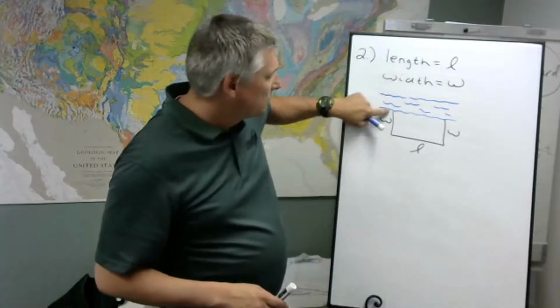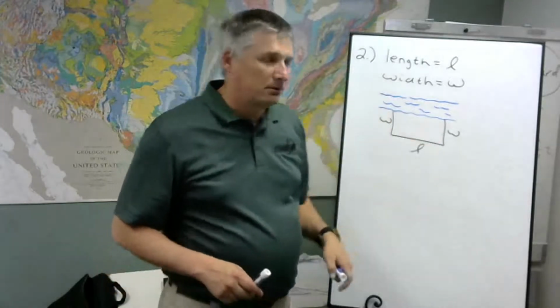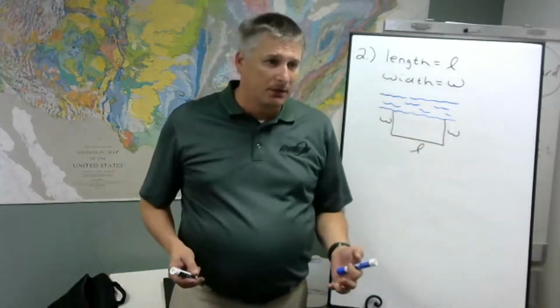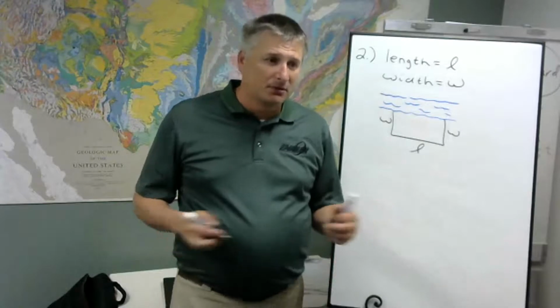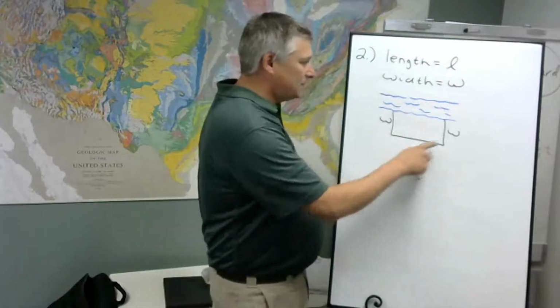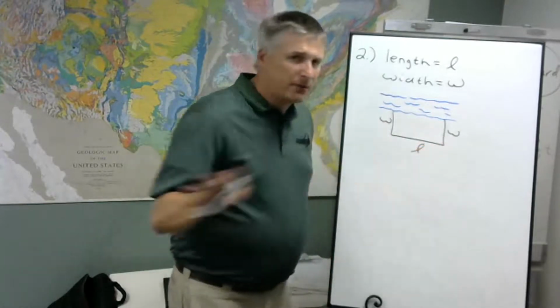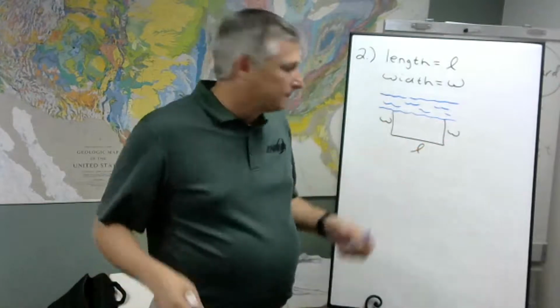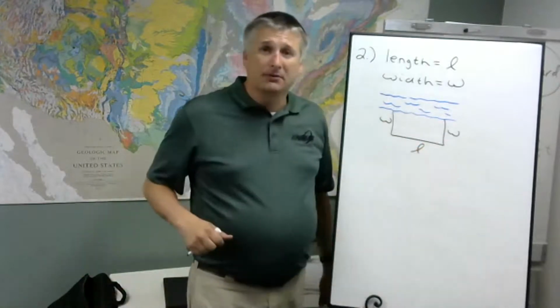Remember, the total fencing is 600. So that means if we add these 3 sides, whatever they happen to be, I mean, who knows, they better add up to 600.